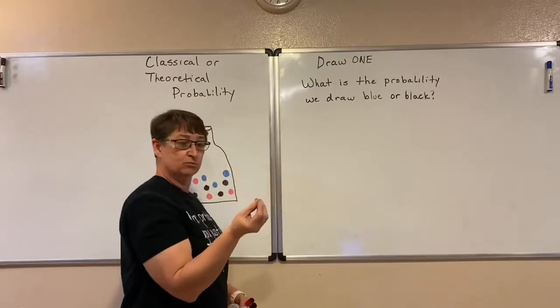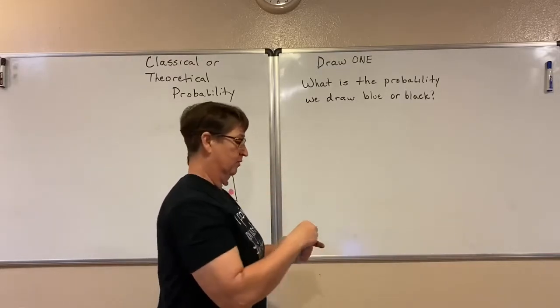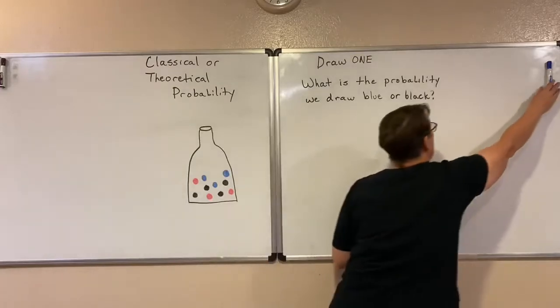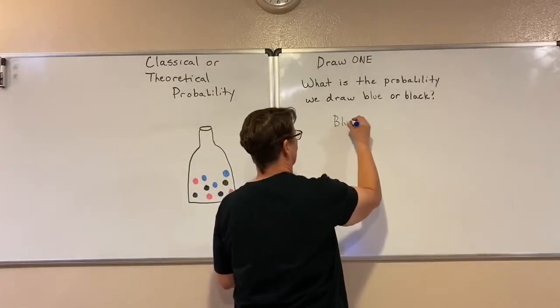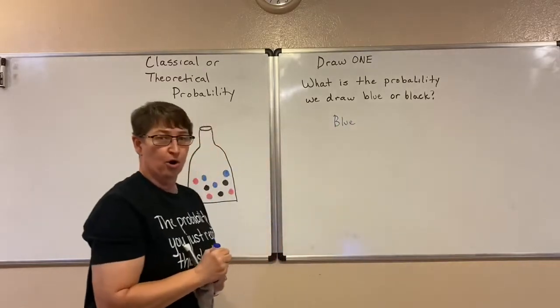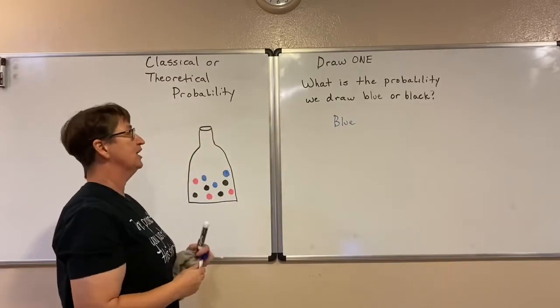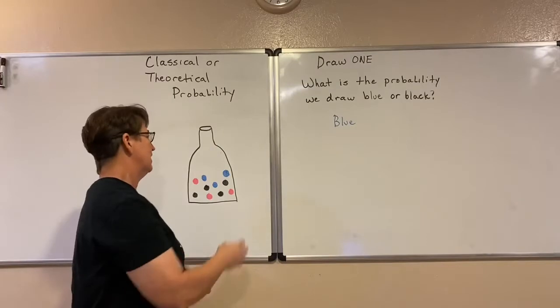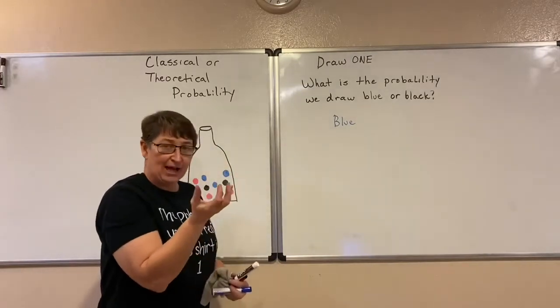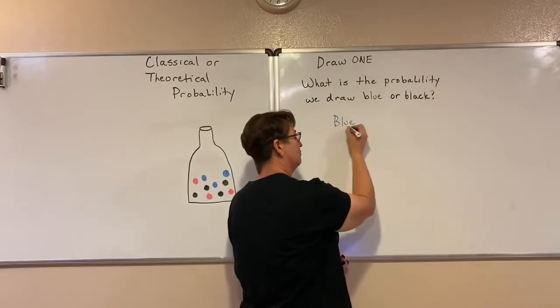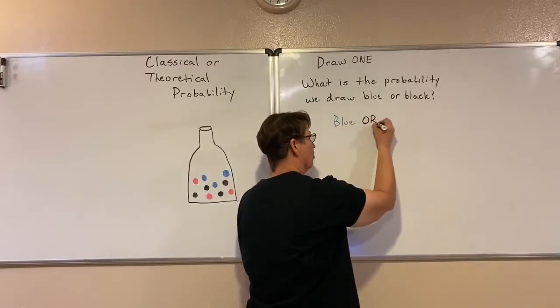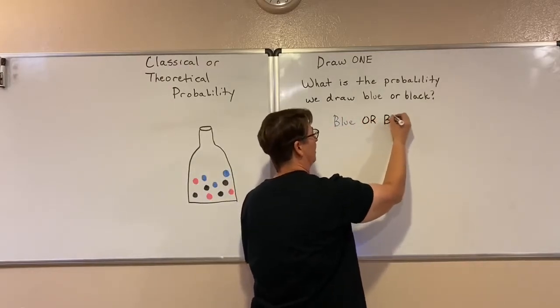Well, if I'm going to get a blue or a black in my one draw, I could draw a blue. So maybe I draw a blue. Or maybe I didn't draw blue in my one draw. Maybe I could draw a black. So those are the 2 ways I could do it. So I'm going to say a blue, or I could draw a black.